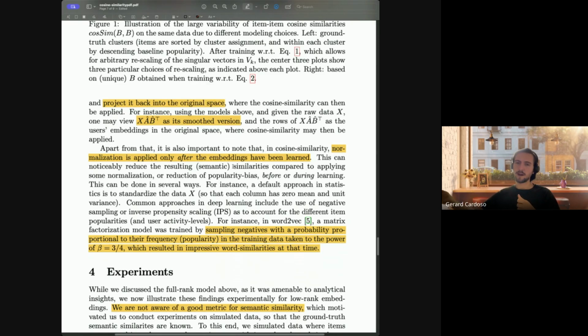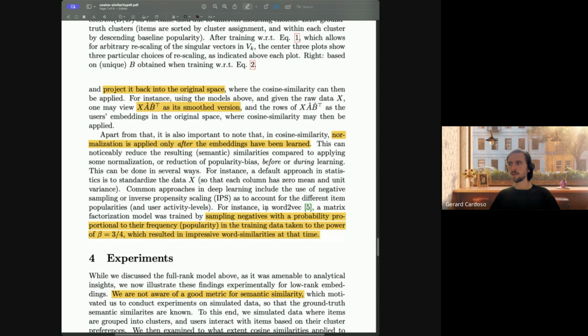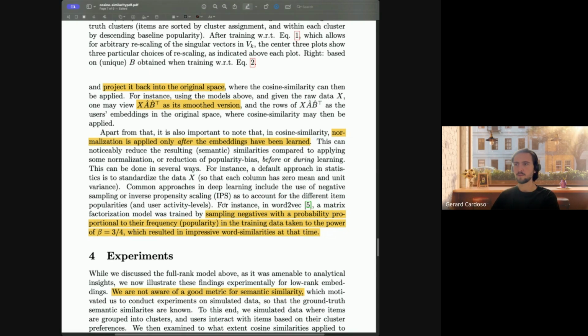So not just after the embeddings have been learned, but how do you train models with normalization of the data, or normalization within the learning process. And they give an interesting example for word2vec, where they did negative sampling proportional to the frequency of the word, and that has a similar effect to scaling your data beforehand, which might have contributed to the effectiveness of word2vec at the time.